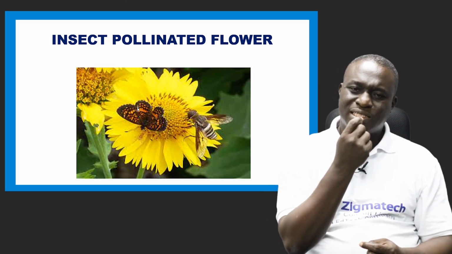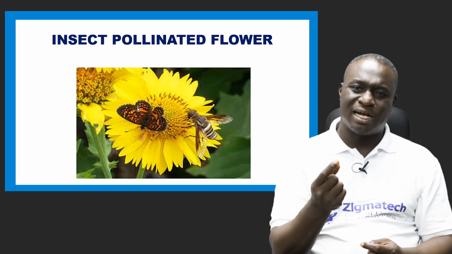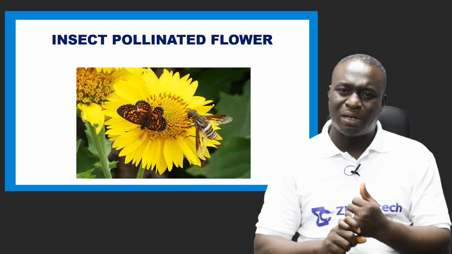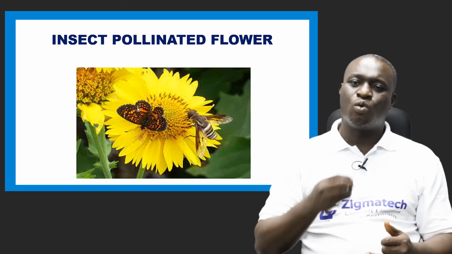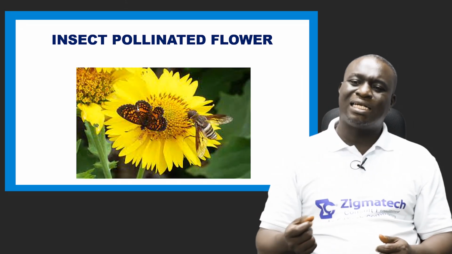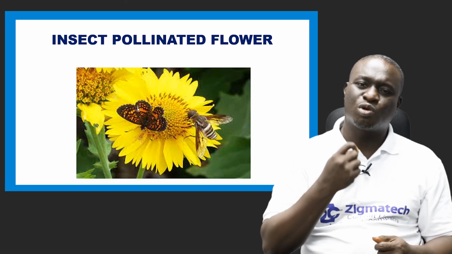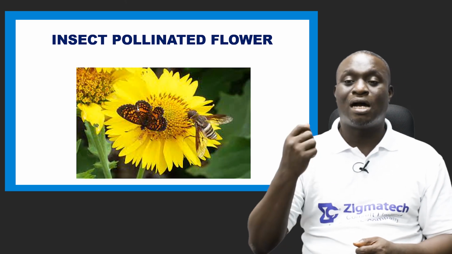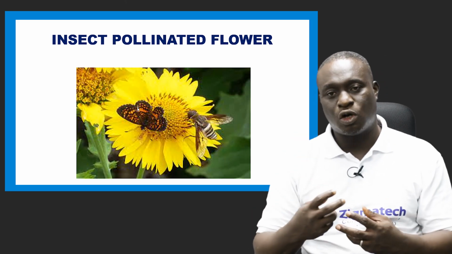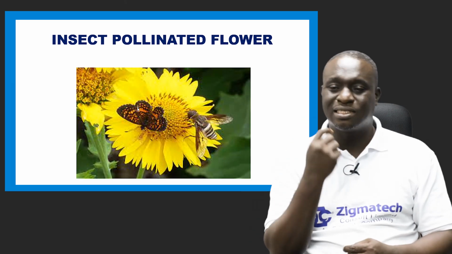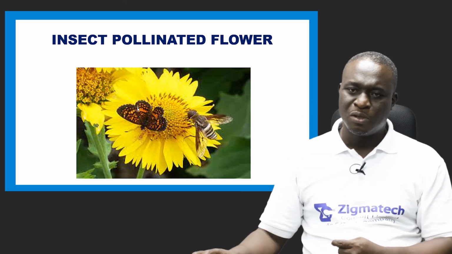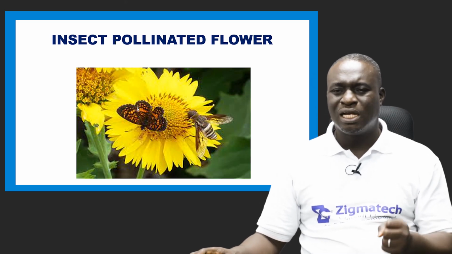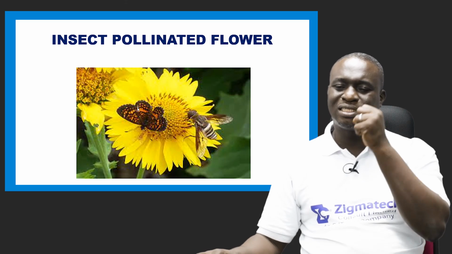These are what attract the insects: the brightly colored petals, the well-scented petals, and the nectar these petals produce. It is on this nectar that insects like butterflies and bees feed.